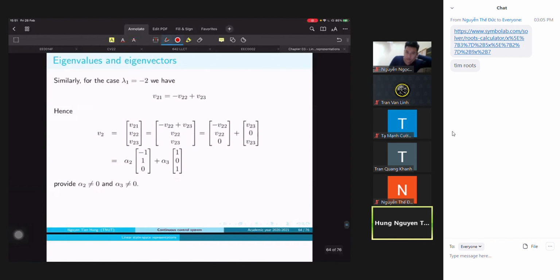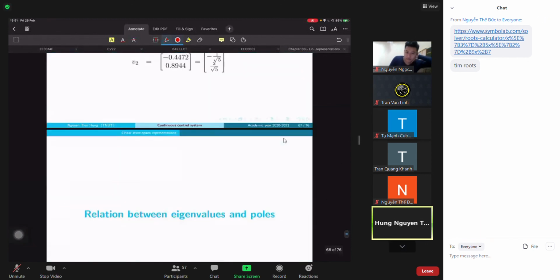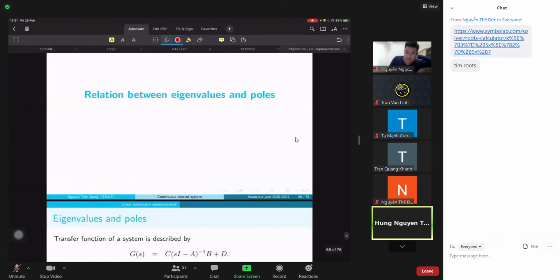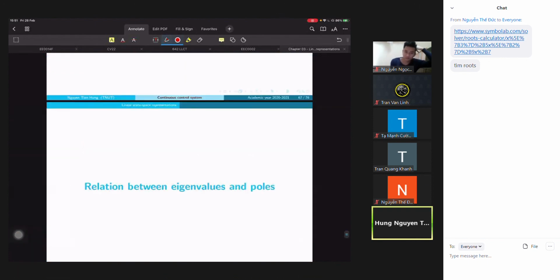The eigenvalues and the poles are the same. We can prove this in this course, but because it's related to eigenvalues, we have to review this first.